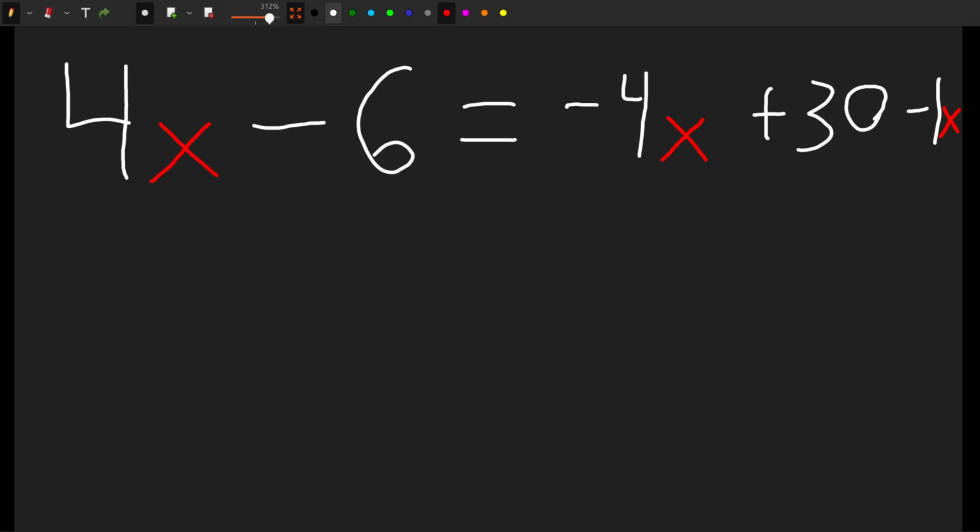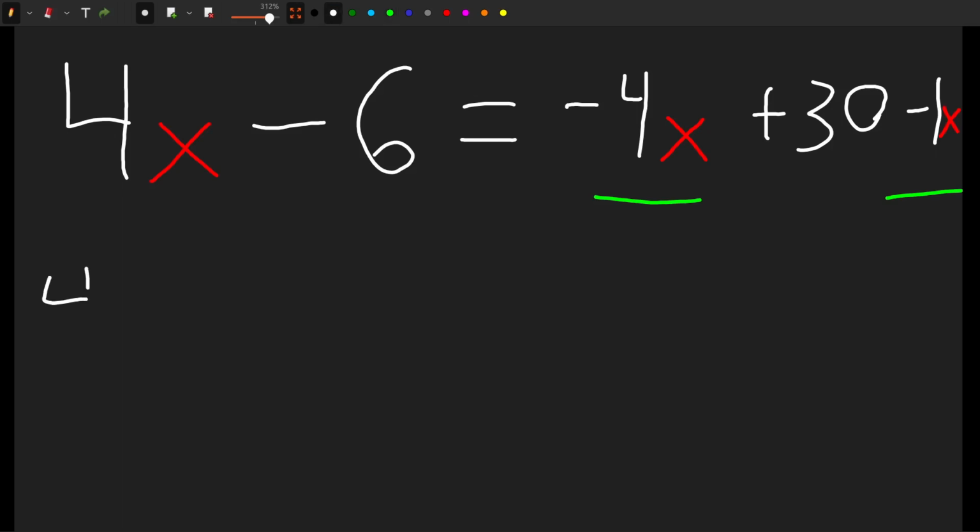On the left-hand side here, I have 4x minus 6. There's nothing I can simplify over there. I have my variable term and a constant term. On the right-hand side, though, I have 2 x terms. I have negative 4x and minus 1x, and then I have the plus 30. So the first thing I can do is I can simplify my x terms on my right-hand side.